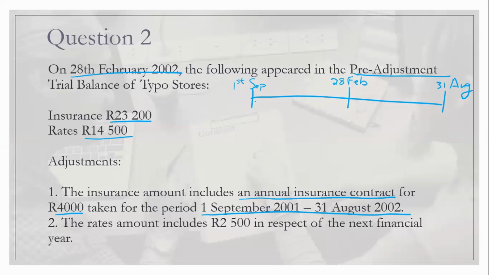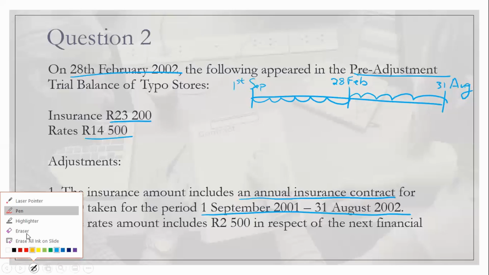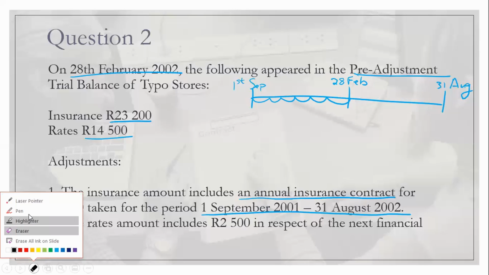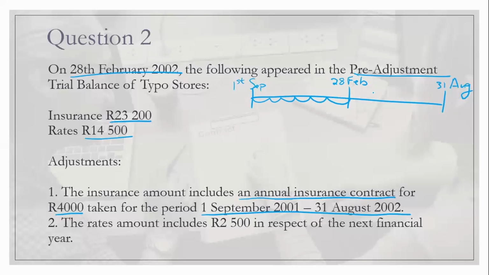So we have 1, 2, 3, 4, 5, 6 months there, and 6 months between the 28th of February and the 31st of August.